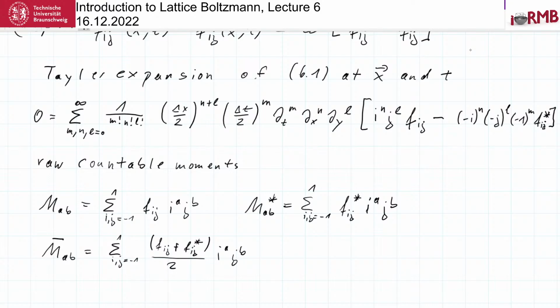The last definition for now is what we call the collision operator, which we denote by omega_AB. Again it is the sum over i and j from -1 to 1.